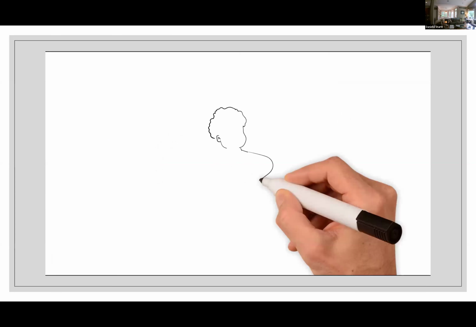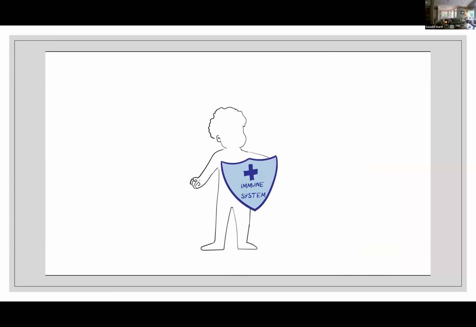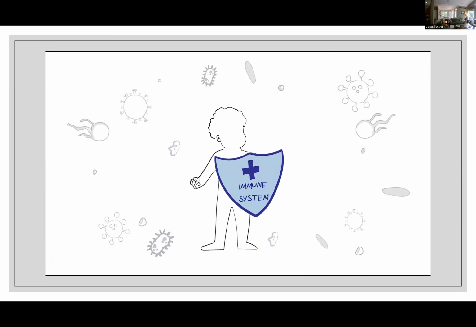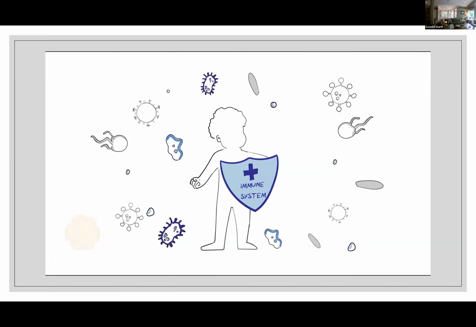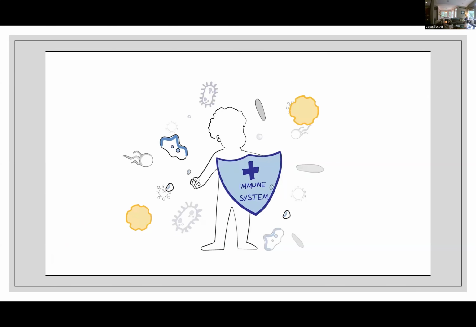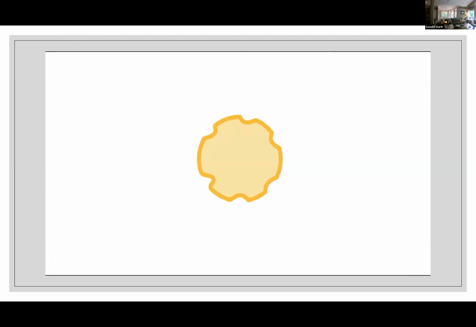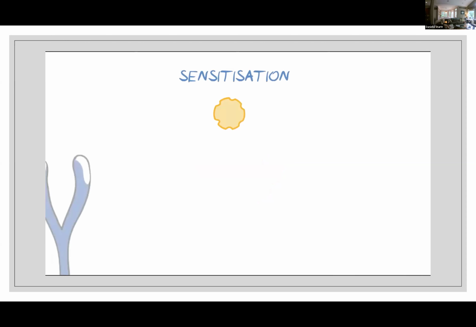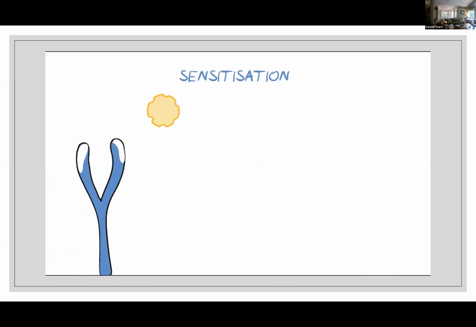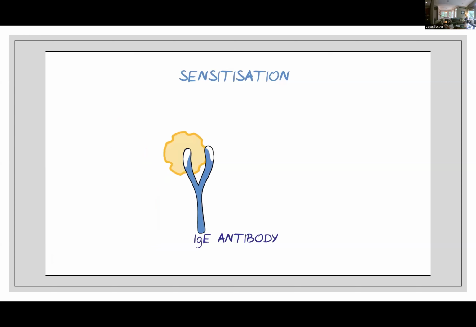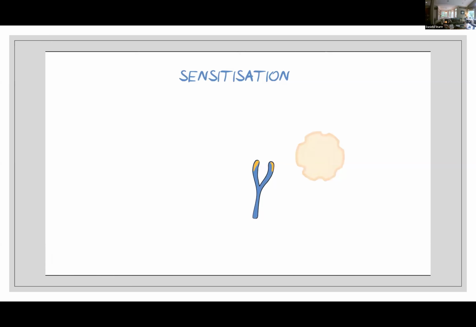So, how do allergies occur? The immune system is how our body detects, remembers, and eliminates foreign material that is harmful to the body, such as viruses and bacteria, and allergens are treated in the same way. When first exposed to an allergen, the immune system creates a type of protein called IgE antibody that is able to uniquely recognize that allergen.